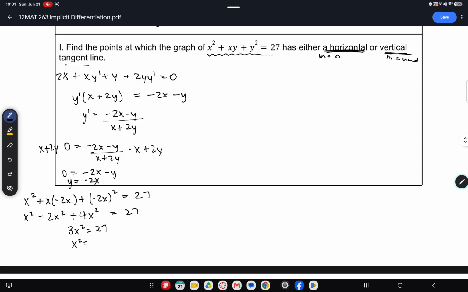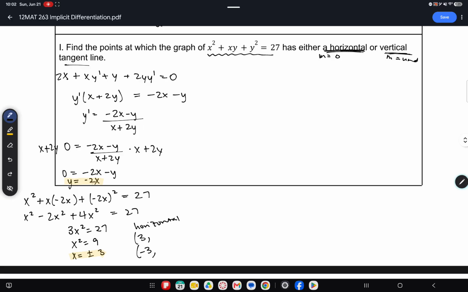Divide both sides by 3, and take the square root. So I have 2 x values, positive and negative 3. And if I know what x is, I can find y. I could go back into the original and solve for it, or I found that y was negative 2x. So my points here for horizontal tangent lines are going to be 3 and negative 3.